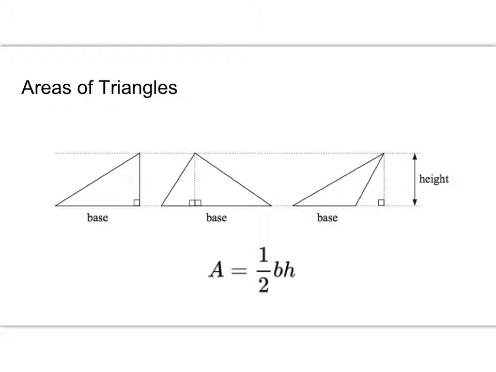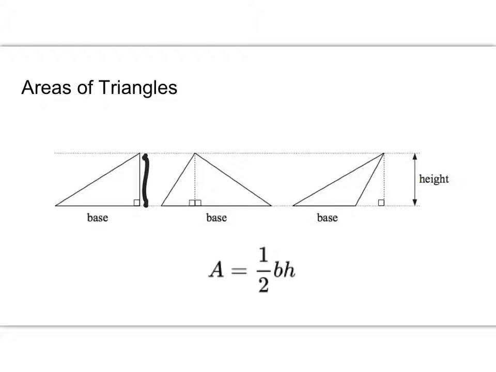So the area of a right triangle, or any triangle actually, is 1/2 base times height. And as you can see, we have 3 different kinds of triangles here. We have a right triangle, and it's really nice and handy because the height is actually one side of my right triangle.